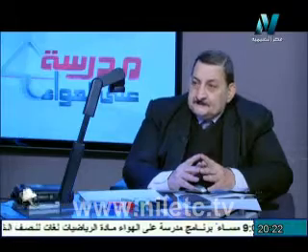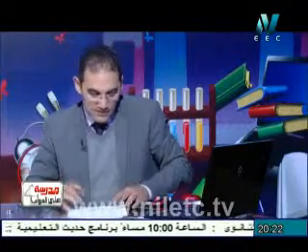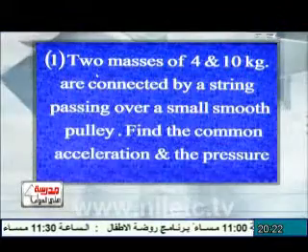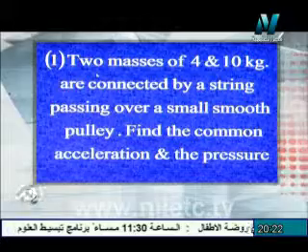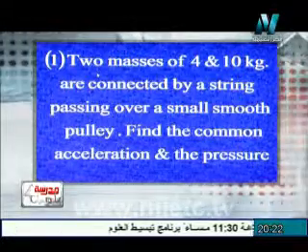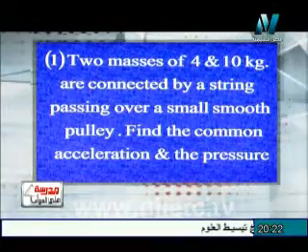We have to show our students how to apply these rules and these remarks when we are going to solve some examples. Example number 1: two masses of 4 and 10 kilogram are connected by a string passing over a small smooth pulley.